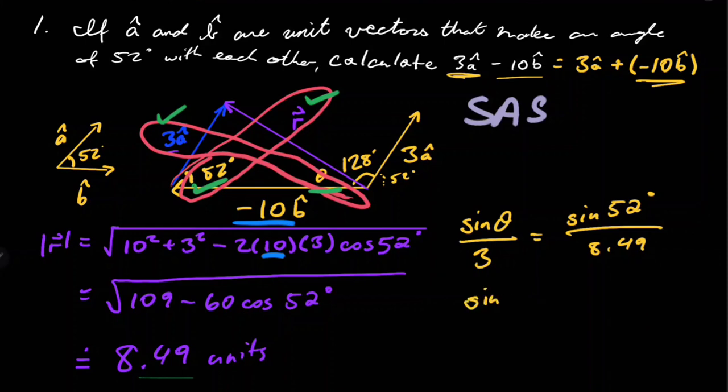So we have sine theta is equal to 3 sine 52 degrees all over 8.49. So now we can use our inverse sine function on our calculator to find the approximate angle. My calculator gives me 16.17. That rounds down because we're going to the nearest angle, so that rounds down to 16 degrees.